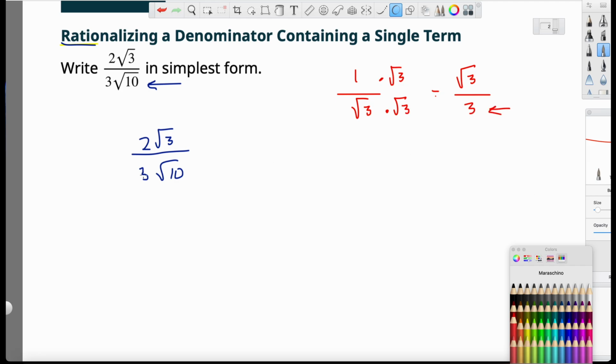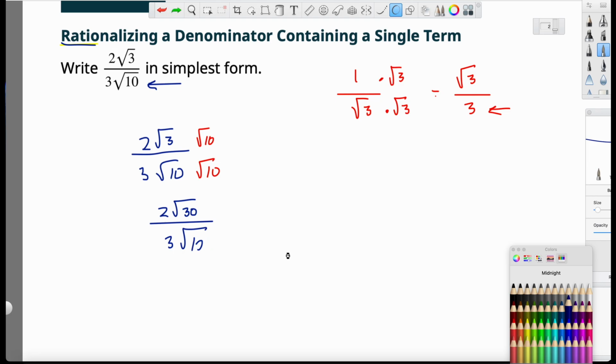So we're going to do that same move right here. We're going to multiply by root 10, top and bottom. Now, this gives me 2 times root 30. Okay, we just use that rule, putting these together, over 3. Now I could write this out, right? Root 10 times root 10 is root 100. But what is the square root of 100?